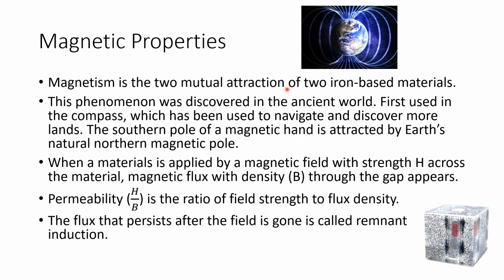So the magnetic properties happen like this. The field is generated between the two iron-based materials, and we apply that field, with a strength H, to the material and see what kind of reaction it has. We usually describe the flux with a density B, and that flux goes through the gap.